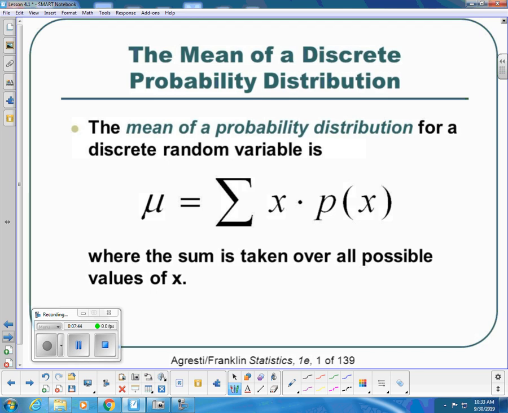And put a little asterisk. It's also considered the expected value, which is at the end of the lesson. For some reason, they separate it. The expected value is also the mean of the distribution. So it's the sum of every x times the probability of that x.